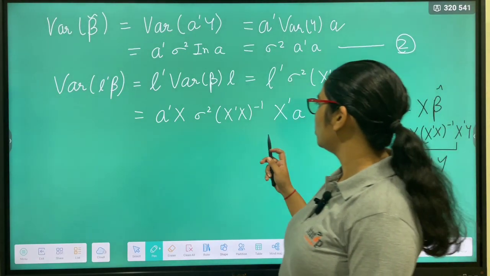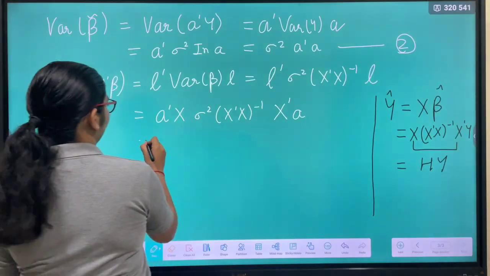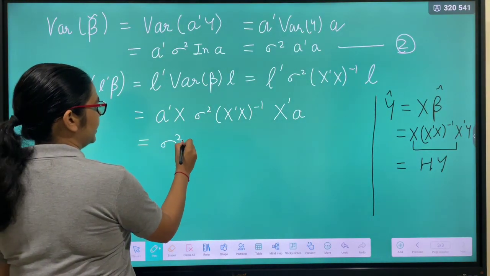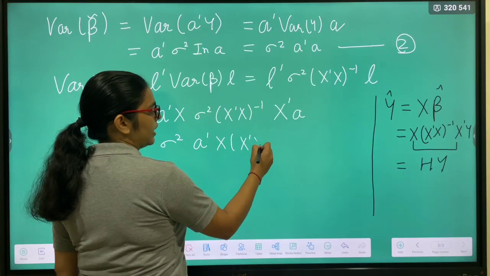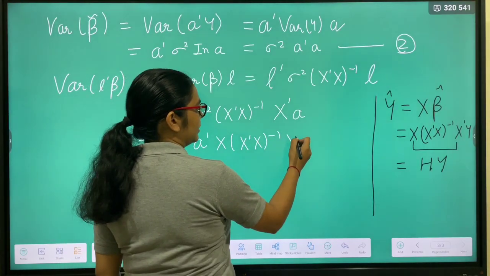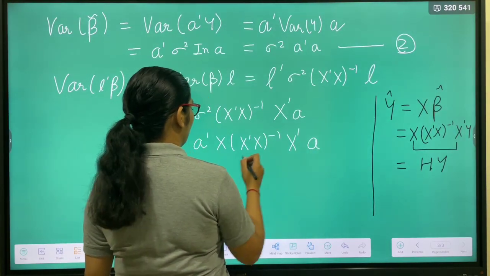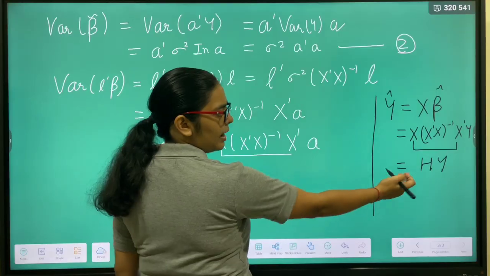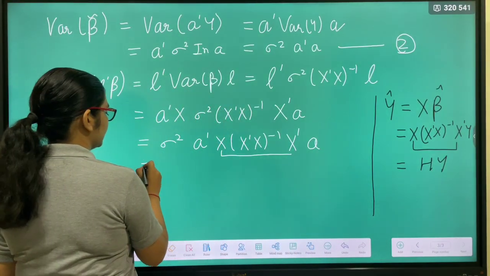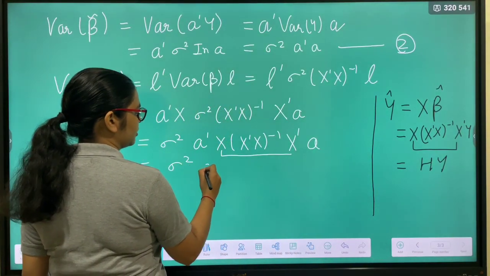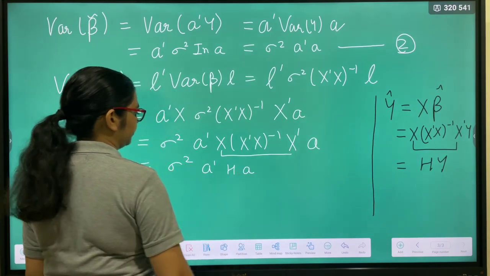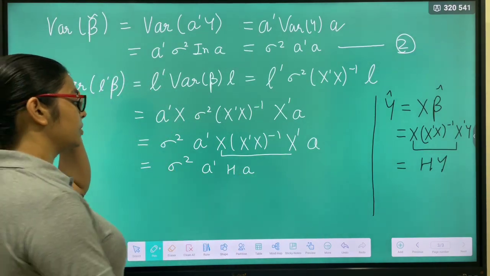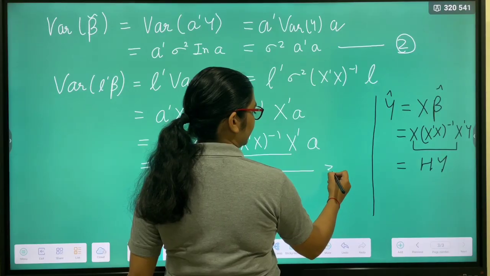So here also we will take sigma square outside: a'X(X'X)^-1 X'a. Now this value again is the hat matrix H. We can replace it with that and we are left with sigma square a'Ha. This becomes our equation number 3.